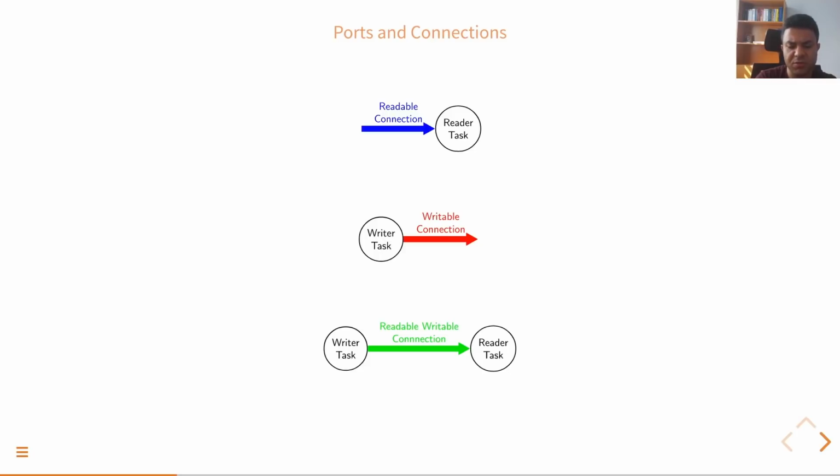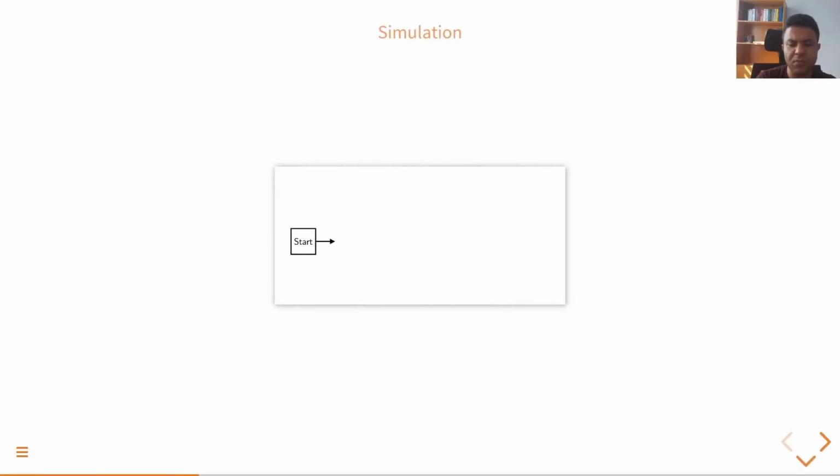If we construct both a reader task and a writer task and bind those tasks to the connection, then the connection is a readable and writable connection, and data can flow from one end of the connection to the other end, from the end corresponding to the writer task to the end that corresponds to the reader task.